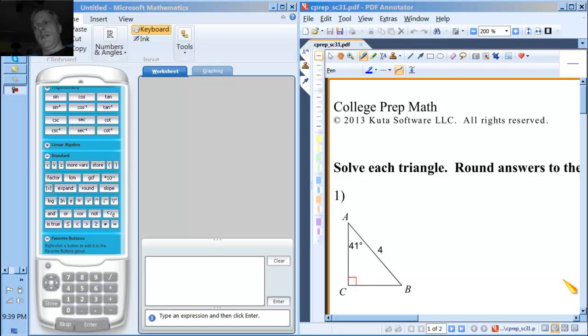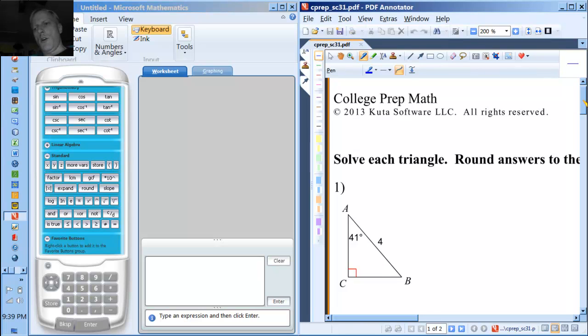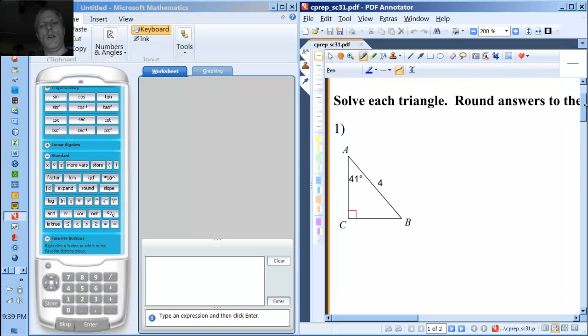I wanted today to still be something productive, so I put together this screencast that is going to review with you how to solve a right triangle if you are given either one of the side lengths and one of the angle measures, or two of the side lengths. Then I'm going to have you do an in-class quiz at the end of the period, and everyone's going to have their own problems, although you can get help from other people.